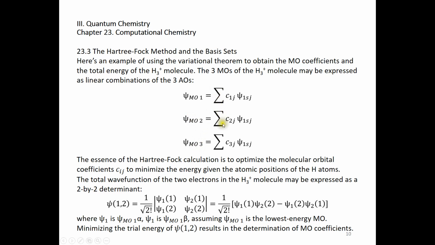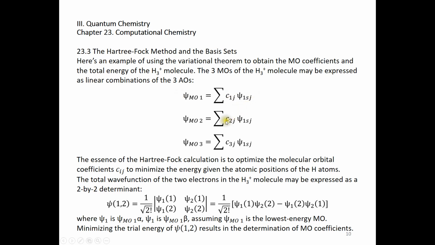They're all linear combinations of the 1s atomic orbitals of the 3 hydrogen atoms. The essence of the Hartree-Fock calculation is to optimize the molecular orbital coefficients, those C's, C_iJ. In this equation, J is from 1 to 3 because we have 3 1s atomic orbitals centered on these 3 hydrogen atoms. Therefore, we have C11, C12, C13 in this equation.